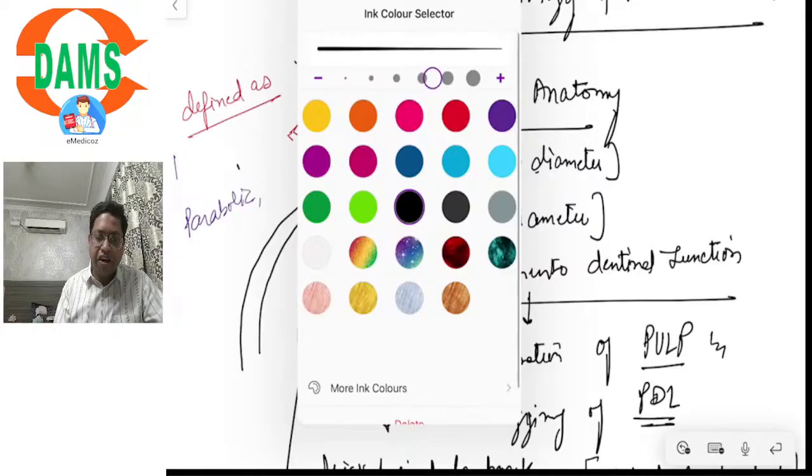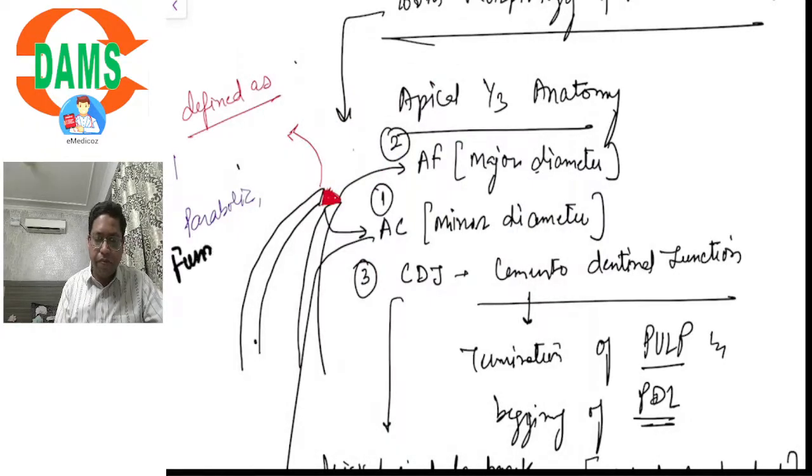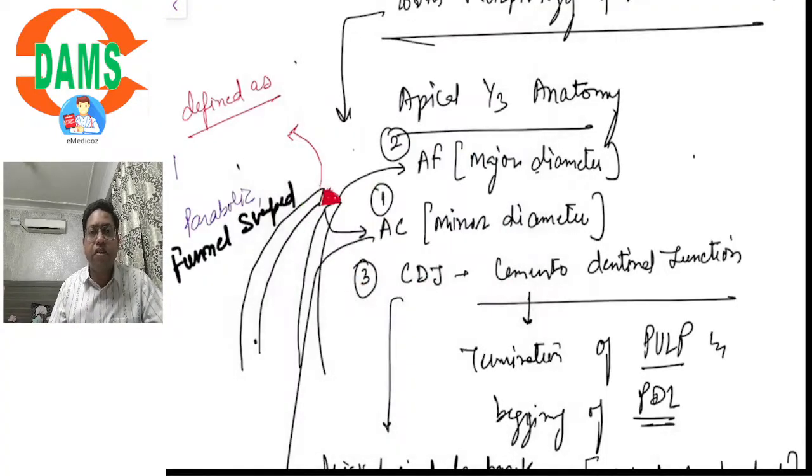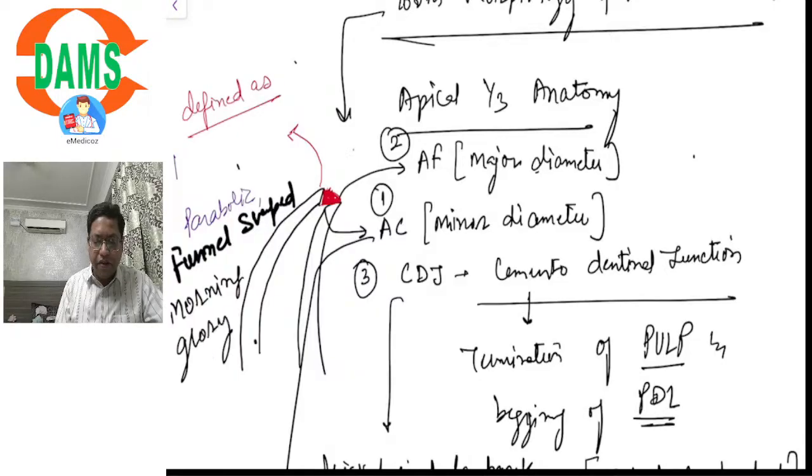It is also called funnel shaped. The funnel shaped space that exists between the apical constriction and apical foramen, and the shape of morning glory. Morning glory is basically a flower. So there are three terms that are used to define the shape of the space that exists between the major and the minor diameter.